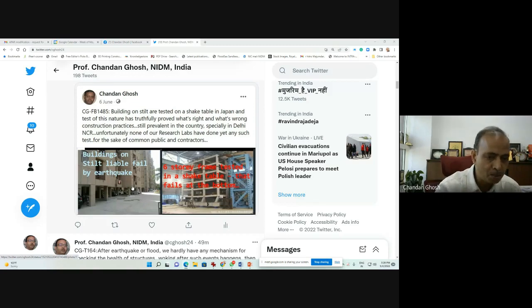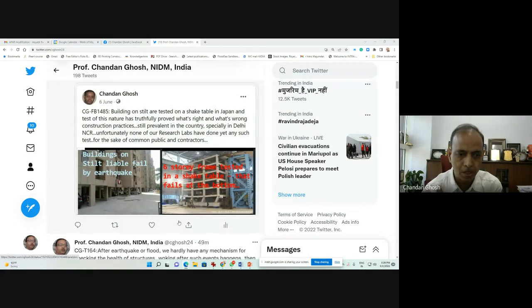Just name one civil engineer expert who will prove that such kinds of buildings will be safe against earthquakes, when a robust laboratory, not in our country but in Japan, has recreated an earthquake and made a plain frame building, not with walls or filler walls or anything. So buildings on stilts are liable to fail in an earthquake.